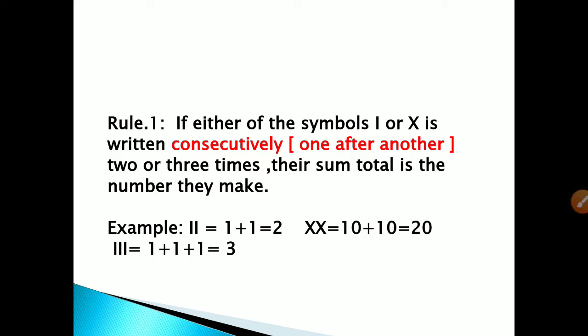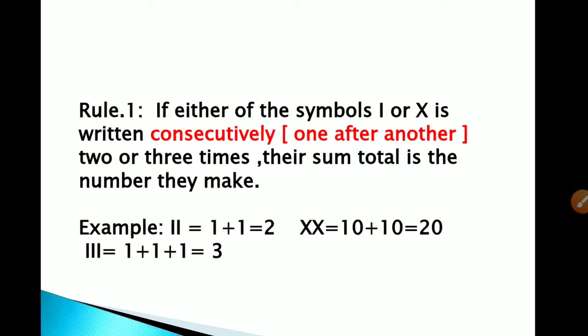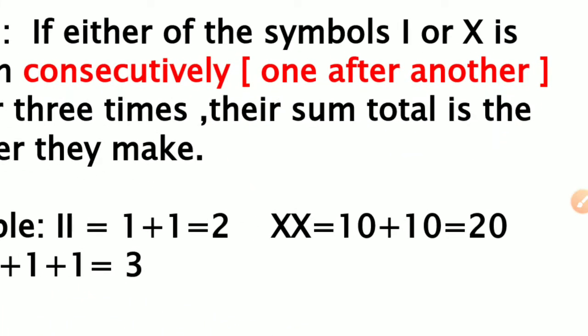Example, 2 I. The value of I is 1. 2 I means 1 plus 1 is equal to 2. Next example, double X. Now what is the value of X? 10. Double X means 2 times 10, 10, 10.